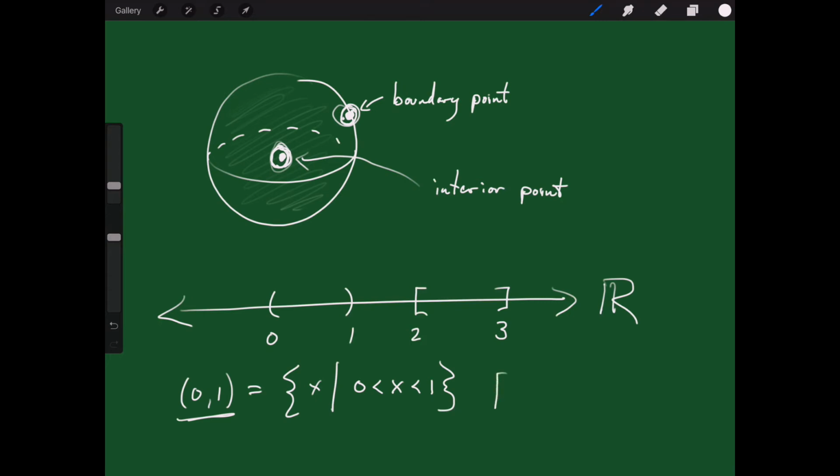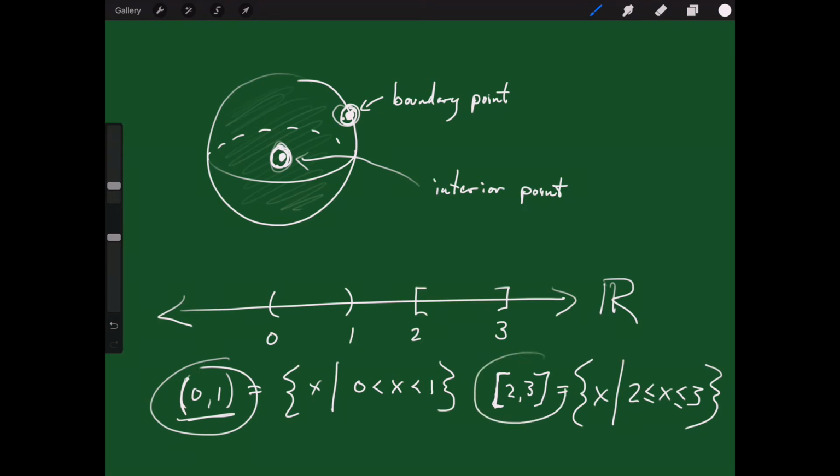And the closed interval from 2 to 3 is the set of all x's such that 2 is less than or equal to x is less than or equal to 3. The little parenthesis means don't include the 0, and the little bracket means do include the 2.